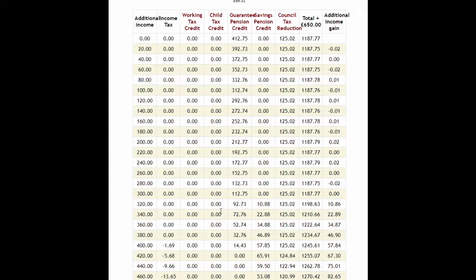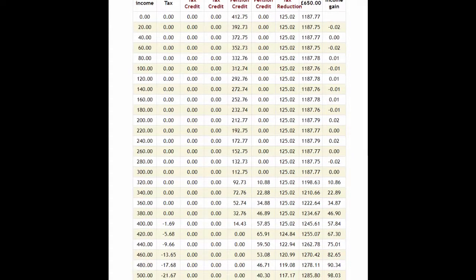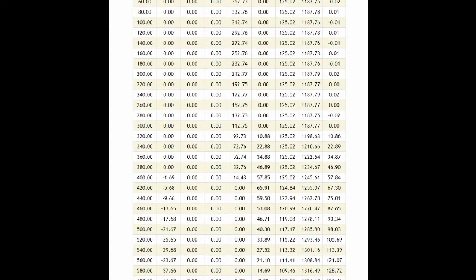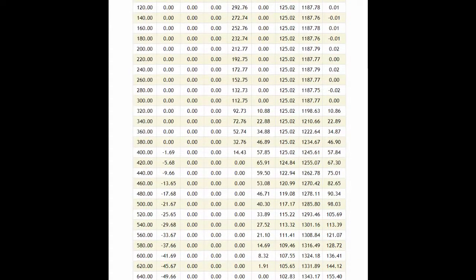The reason for that is the start again of savings pension credit, which, as in the capital table, is there to reward the claimant, in this case, for having made some provision over and above the state pension for their retirement. We keep scrolling down as more and more income comes in.